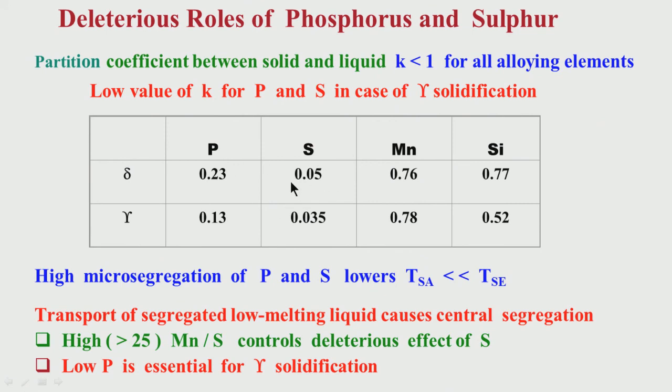Here the K values are low, and diffusivities are also relatively low. As I have discussed beforehand, when K values are low and the diffusivity of that particular element in solid is low, we have a high amount of segregation. So, phosphorus and sulfur are two elements which have small k and also small diffusivity, and that creates a very high amount of segregation.